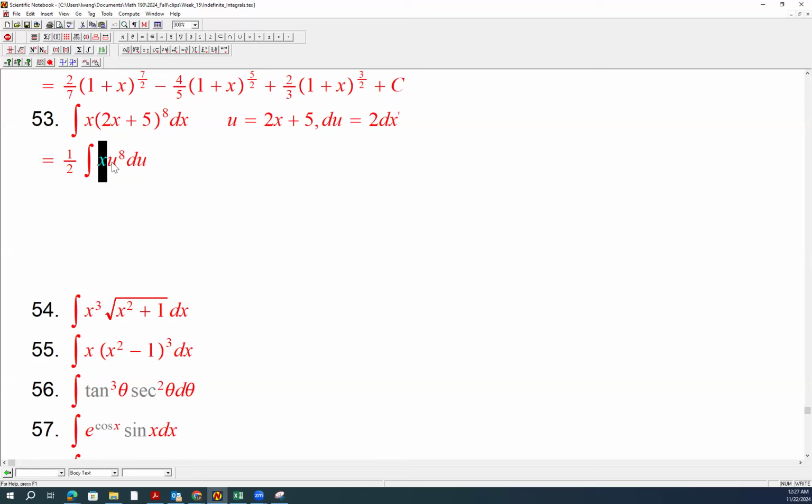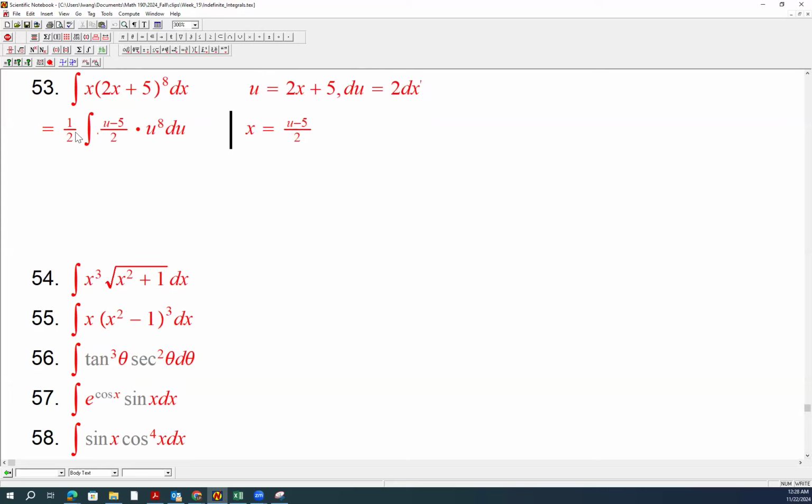No fear, because from here we can solve for x. So x will equal u minus 5 divided by 2. So we're going to take this piece and substitute x. So now the substitution is complete. I hope you guys see that.